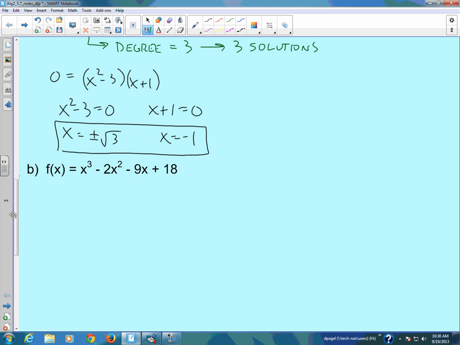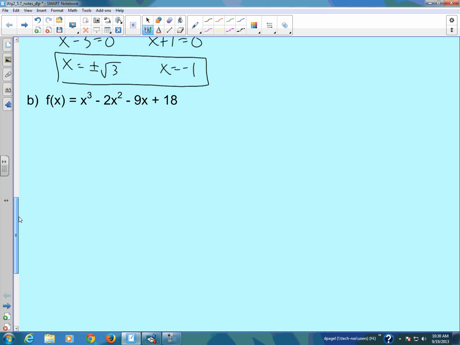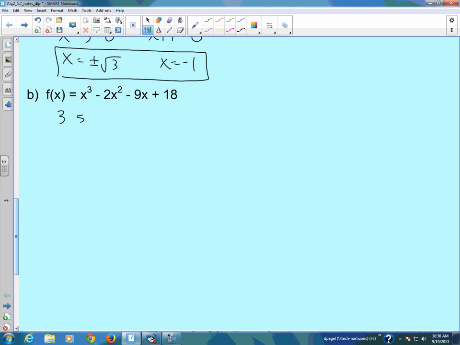Part b, also 3 solutions, and it looks as though in this case we are also able to group, so that's convenient for us. If we don't group, then we're going to have to set up our rational zeros theorem. So we get an x minus 2, then grouping the last 2, pulling out a negative 9, we get an x minus 2 again.